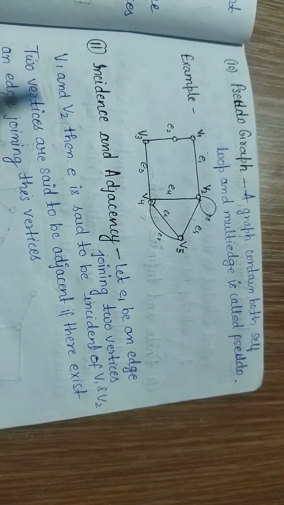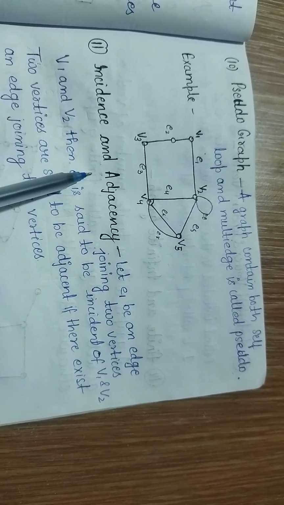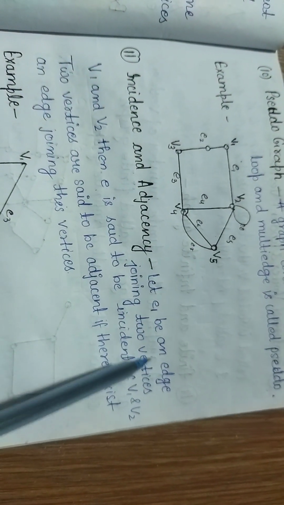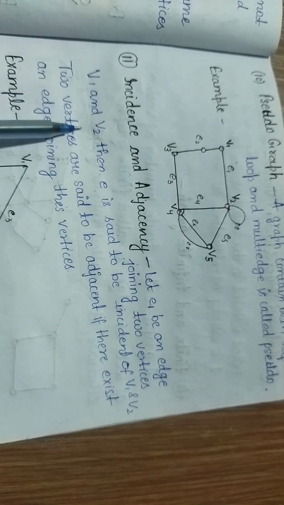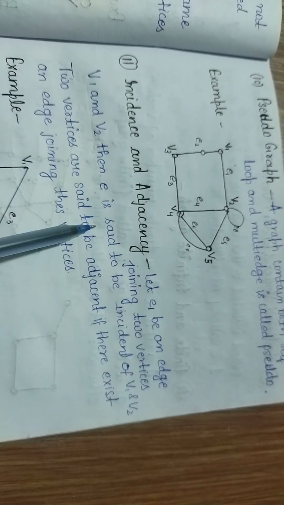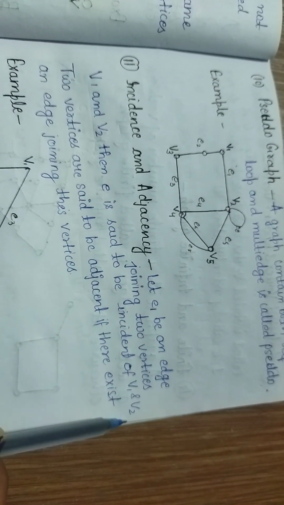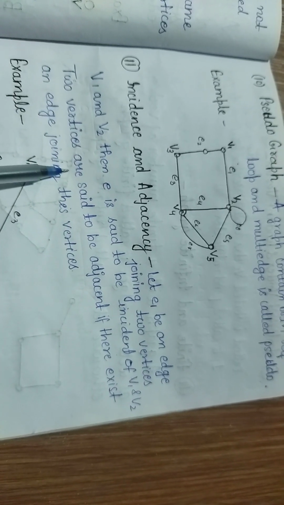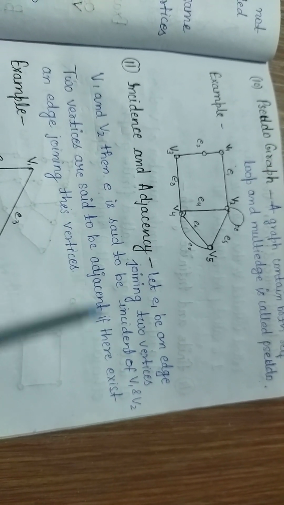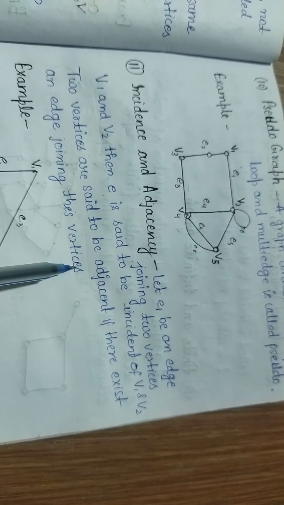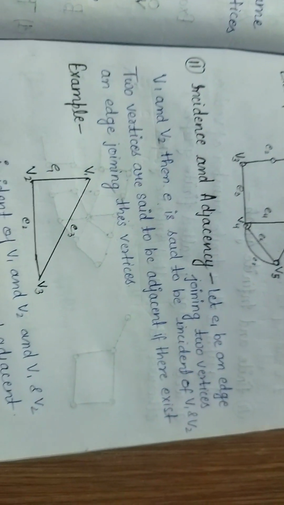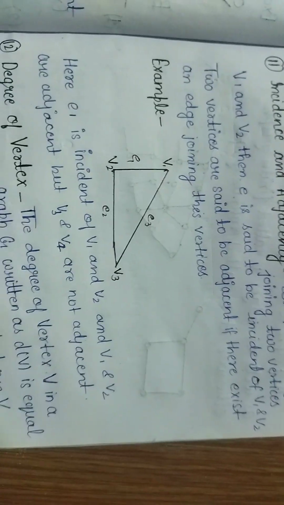Now come to the 11th point, incidence and adjacency. Okay, let E1 be an edge joining two vertices V1 and V2, and E1 is said to be incident on V1 and V2. Two vertices are said to be adjacent if there exists an edge joining these vertices. This is called incidence and adjacency. Come to the example.